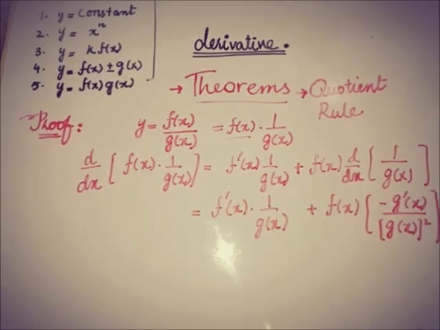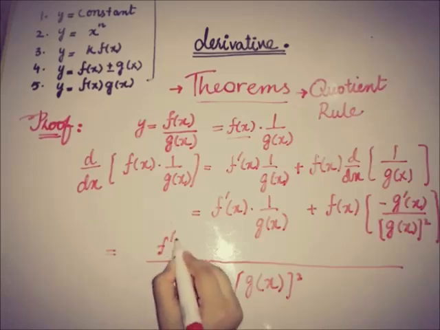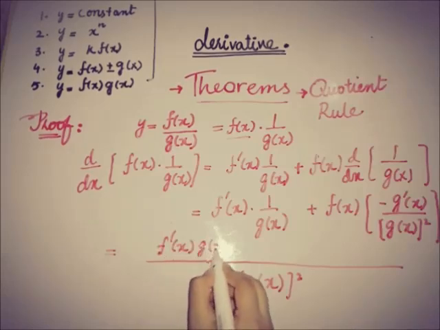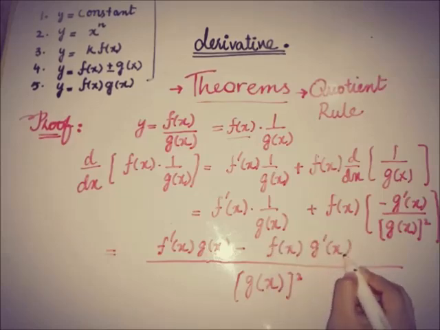Now taking the LCM in a simple way, as we did, we get g of x whole squared in the denominator, and here we get f dash of x g of x minus f of x g dash of x.